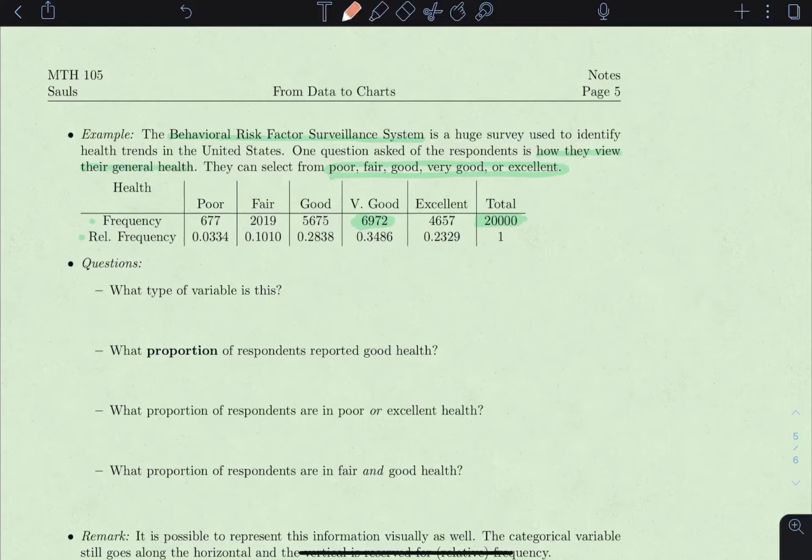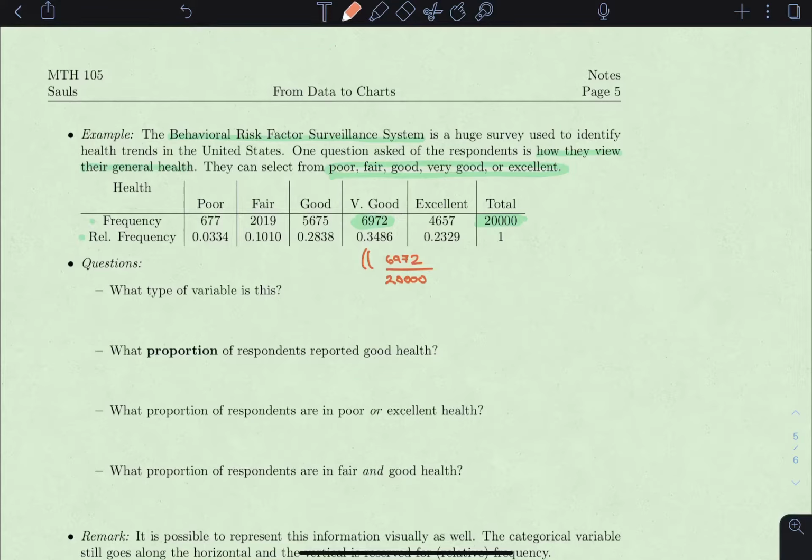So we know that the 0.3486 is coming from the fraction 6,972 out of 20,000. And so similarly, you can build that fraction, the frequency out of the total, and get these relative frequencies. So let's follow along with the questions.